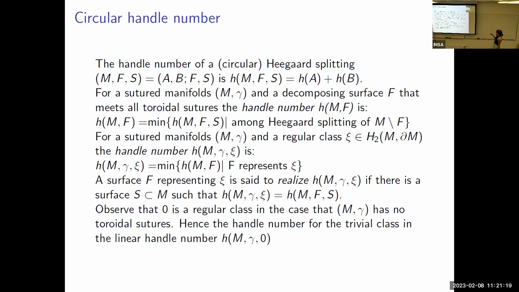Okay, so the zero class is a regular class in the case that the sutured manifold doesn't have toroidal sutures, and so in this case, this handle number is also contained in this definition.